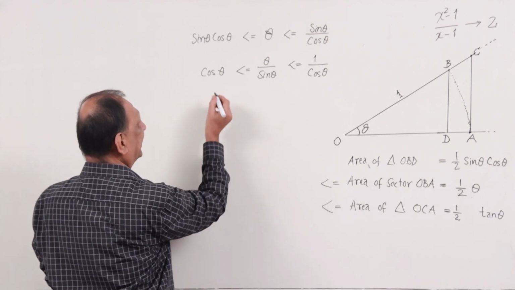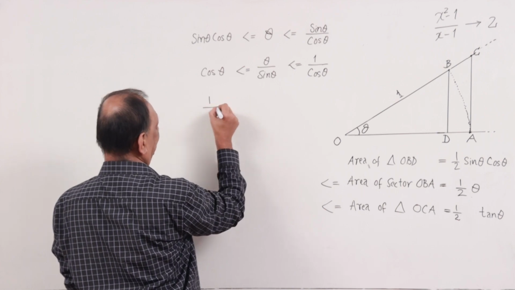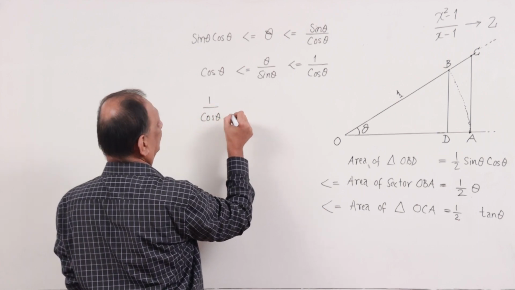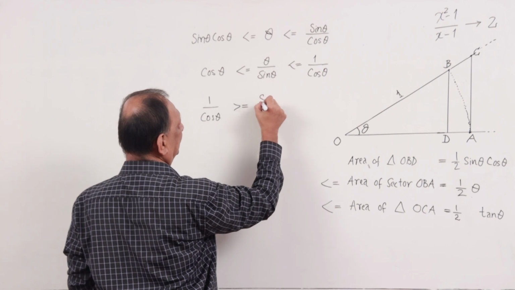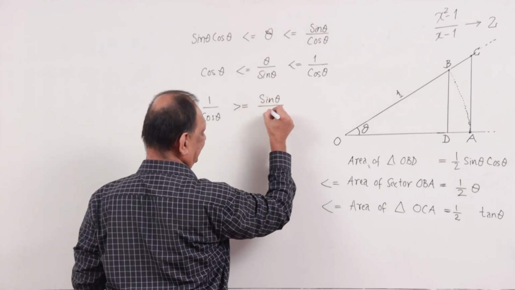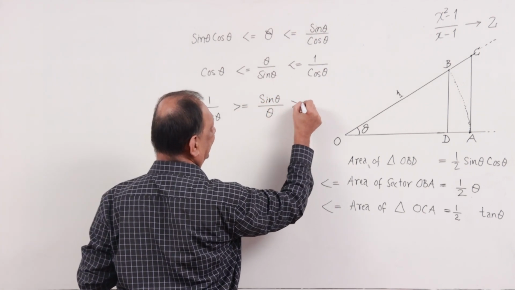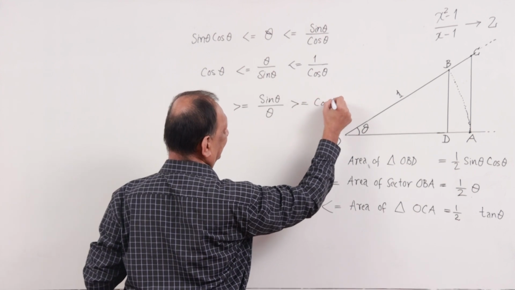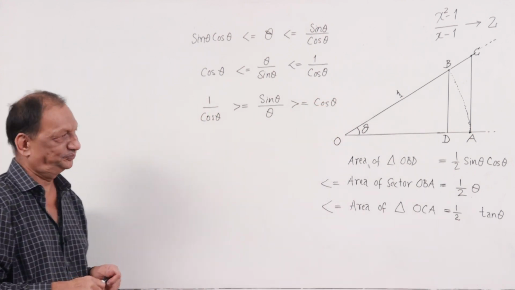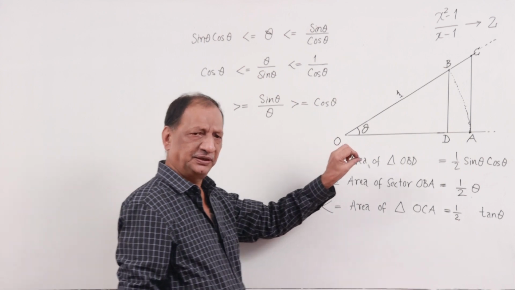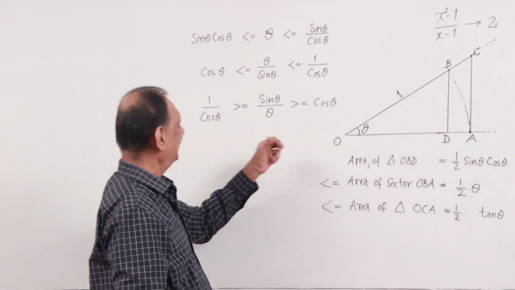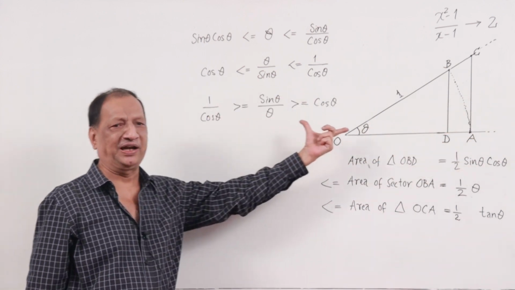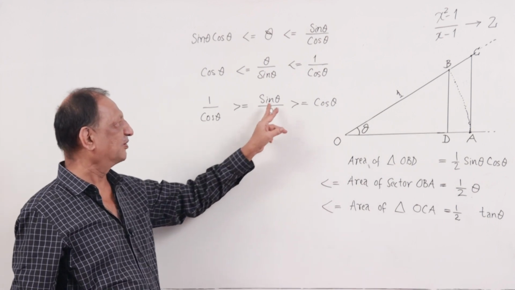So therefore, we'll rewrite this. 1 over cos theta must be greater than or equal to sin theta by theta, which must be greater than or equal to cos theta. Correct? Beautiful. So now just comparing three quantities, I got a very nice inequality for sin theta.